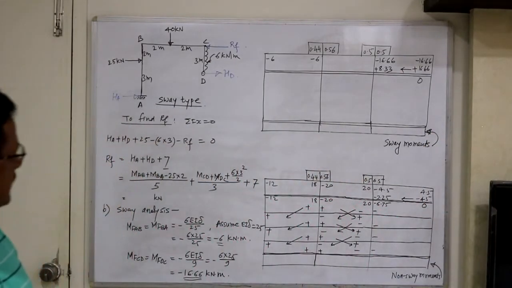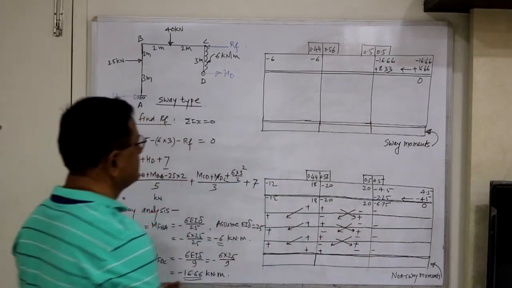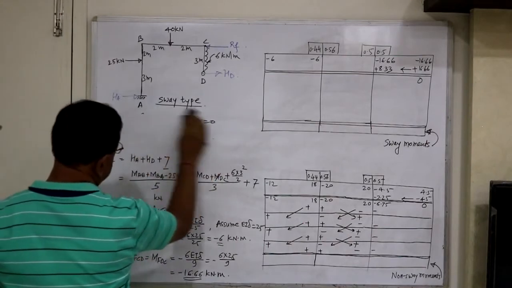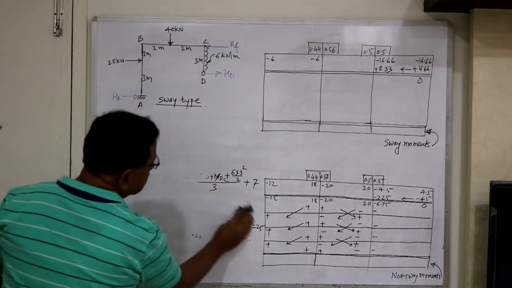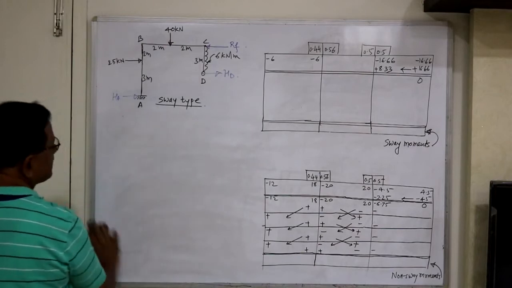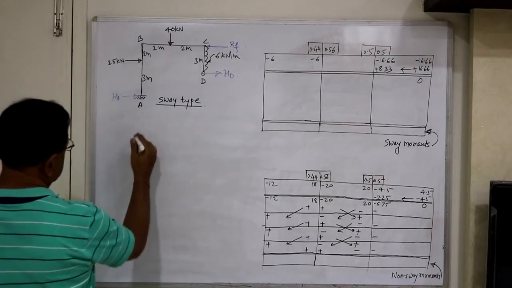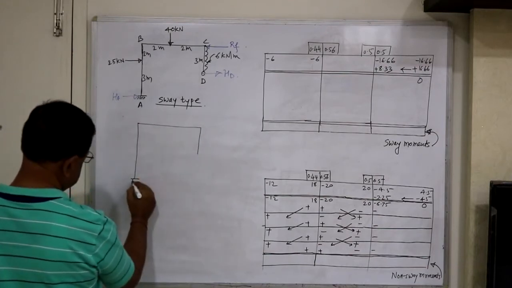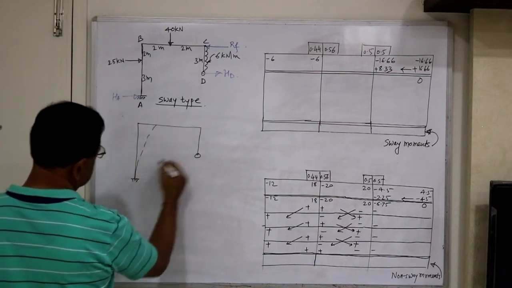Now after getting the sway moments, find out the sway force S, the force causing the sway of the frame. In the sway analysis, we only assume that the sway occurs towards right and there is no external load acting on the frame.